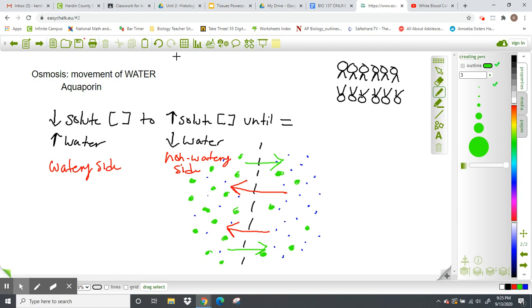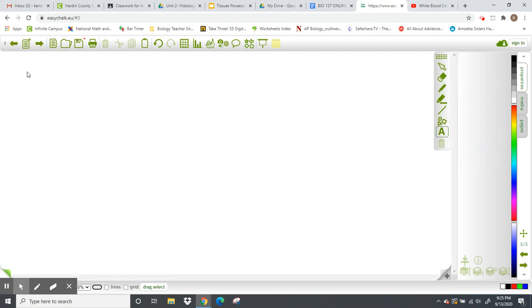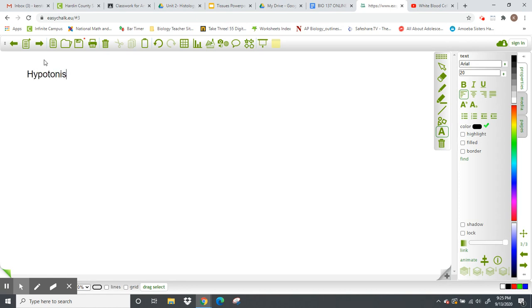Now, there's ways that we can describe the saltiness or the concentrations on either side of a membrane. We can go a couple different ways. So let me set this table up here, make it look a little bit pretty. We have a couple different words we can use. We can describe a solution as hypotonic.